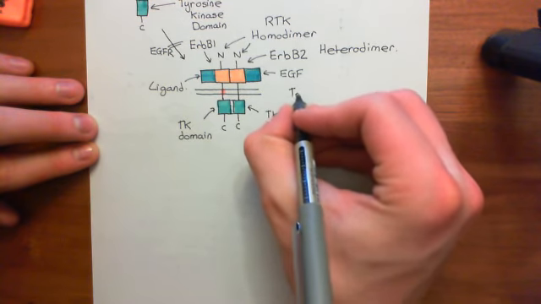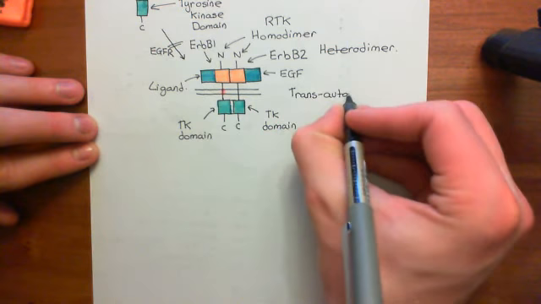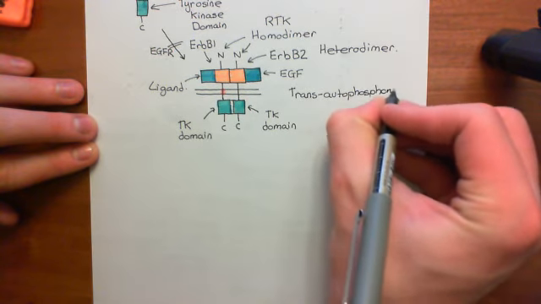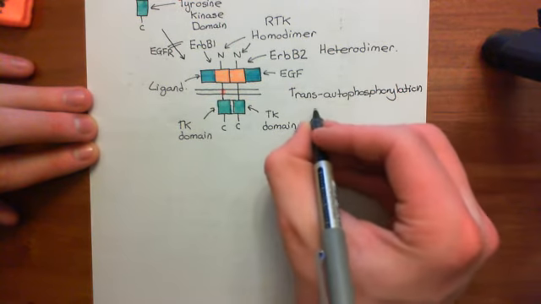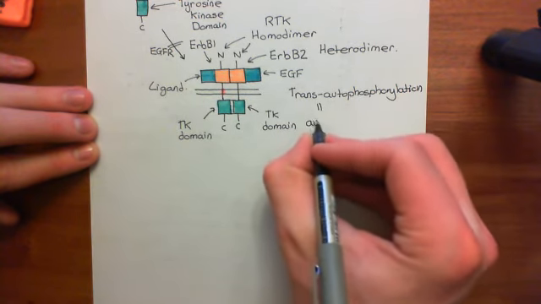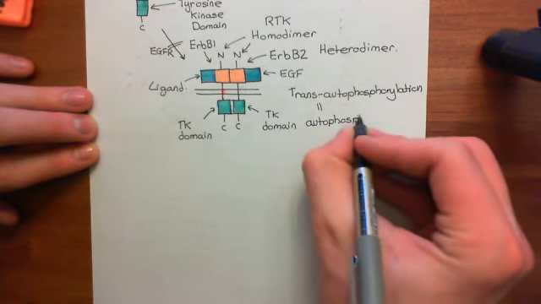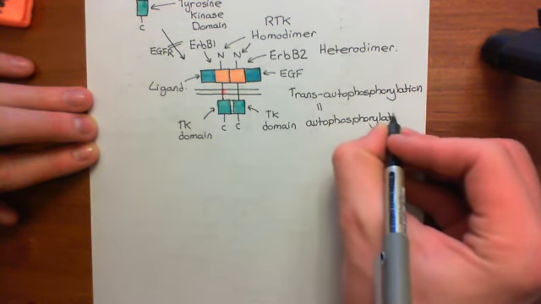So they're going to participate in a process, the full name for which is transautophosphorylation. However, people will often just call this autophosphorylation. So what's now going to happen in autophosphorylation?